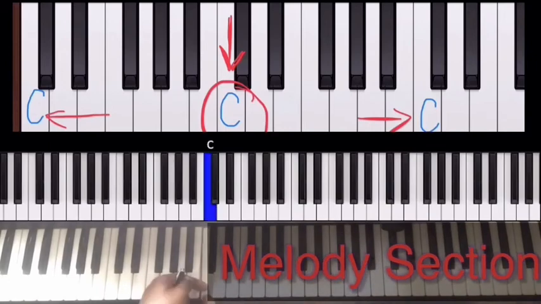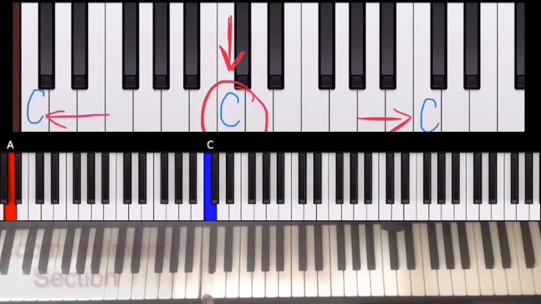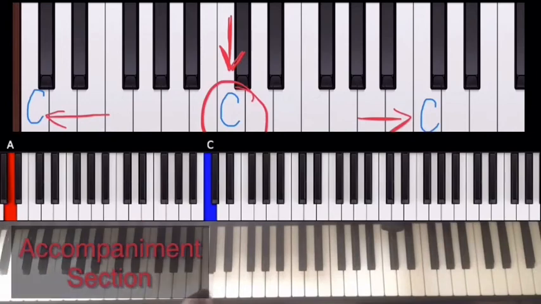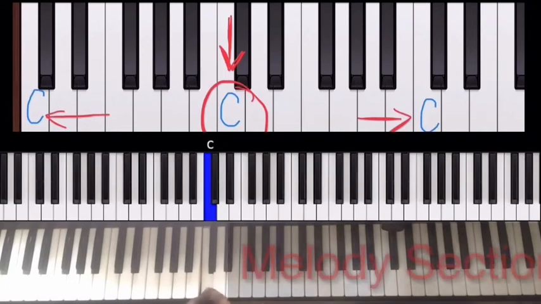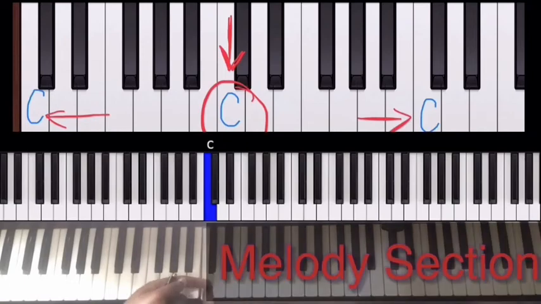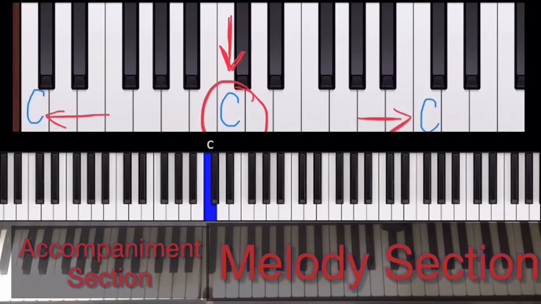The notes to the left are notes in the accompaniment section. Say it out together: the notes to the right are melody section notes, and the notes to the left are accompaniment notes.